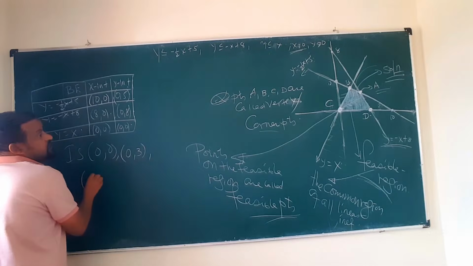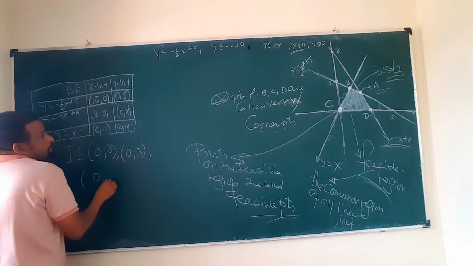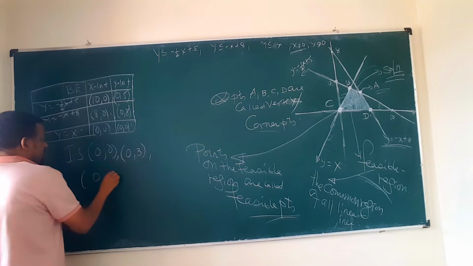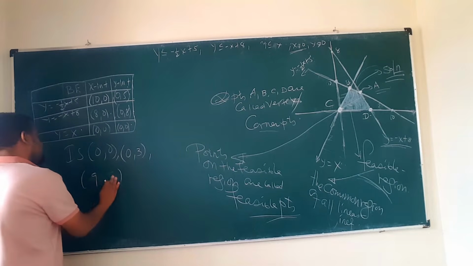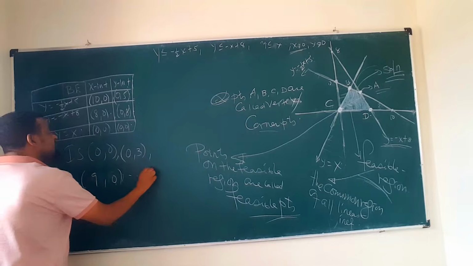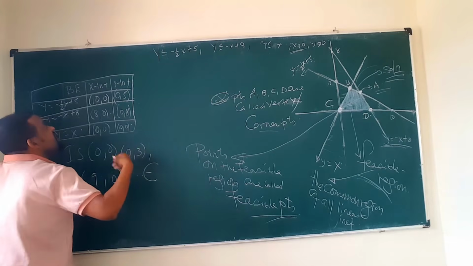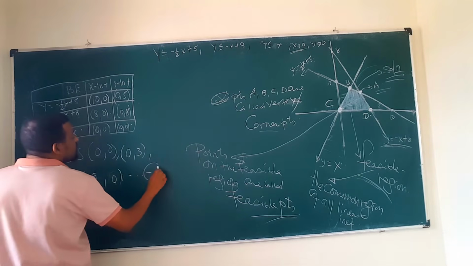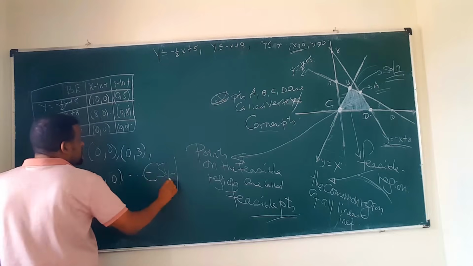The point, say for example, (0, 9), እነዚህ የሲስተም ኦፍ ሊኒየር ኢኒኳሊቲ አባል ናቸው ወይ ነው, if a member of the system, right?